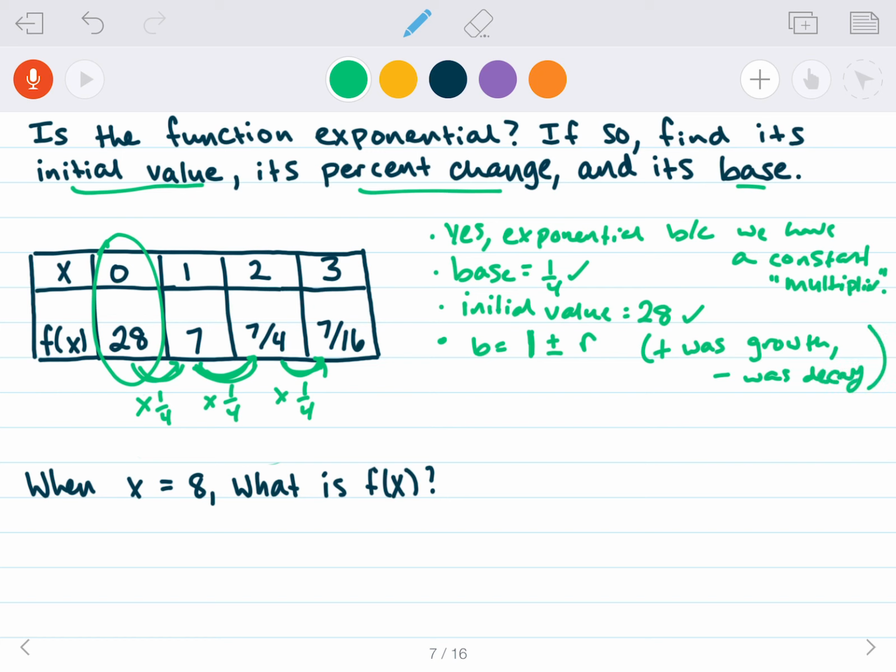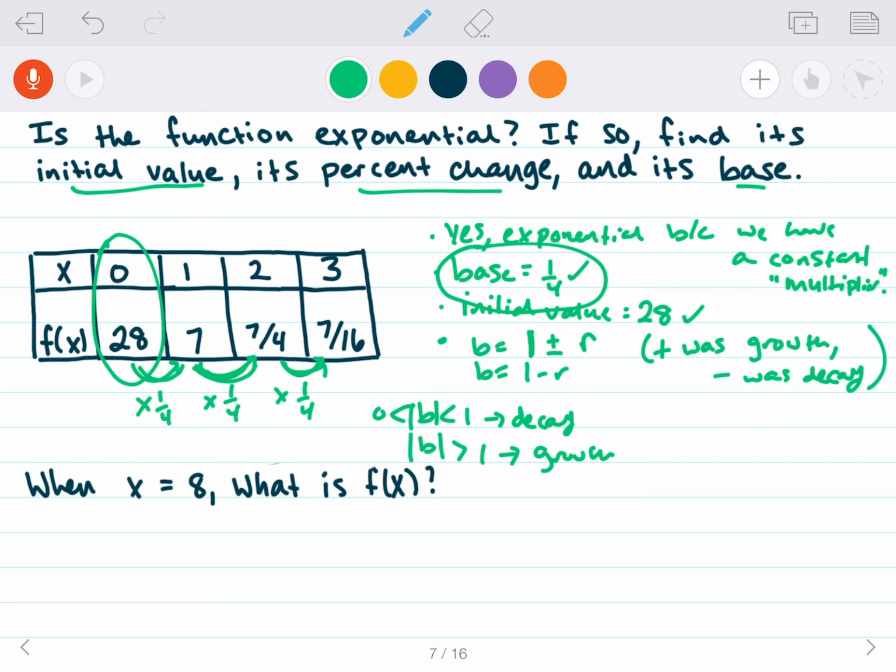Now we know this is decay because our base is smaller than 1. Remember, if b is between 0 and 1, it was decay. And if the absolute value of b was greater than 1, we had growth. Here, 1 over 4 is between 0 and 1, so we have decay, so we use the minus. So b is equal to 1 minus r in this case.